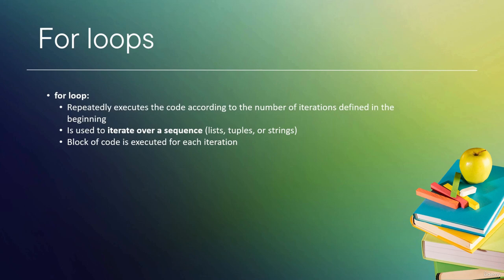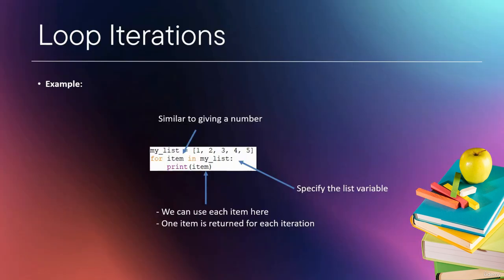It knows how many iterations it has to perform, and it can also be used to iterate over a sequence. That is the difference between this one and the while loop. We can iterate over a sequence in a while loop but indirectly, whereas a for loop allows us to do it directly in very few lines of code.